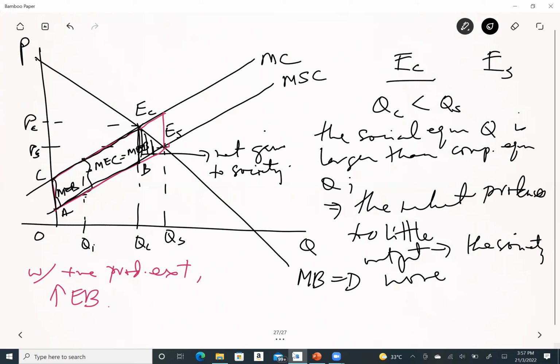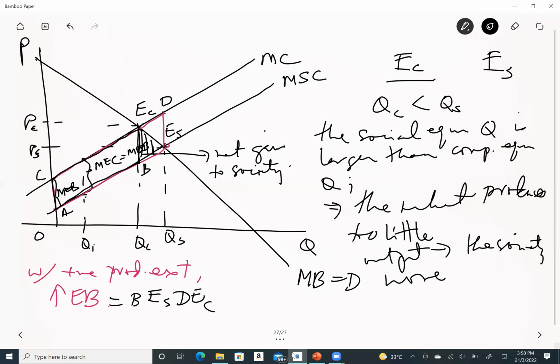So A, E, S, I label here D, C. So there is an increase with the area B, E, S, D, E, C. That is the increase in external benefit. And the net gain to society is that smaller area, the area that is in black.